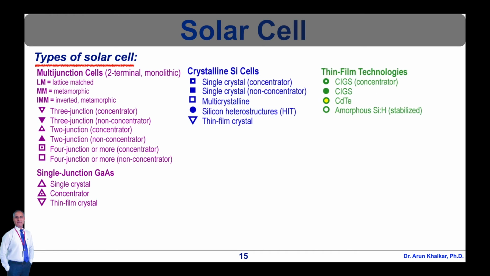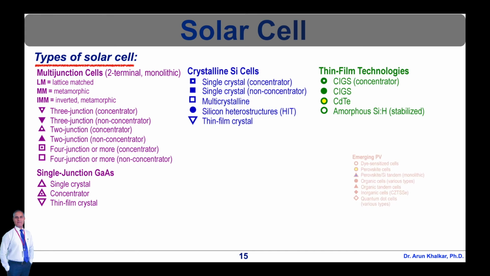The next type of solar cell is thin film solar cells. In thin film technologies, CIGS concentrated, CIGS, CdTe and amorphous silicon hydrogen stabilized are the types, where CIGS stands for copper, indium, gallium and selenium. Now in solar cells there is another area where emerging photovoltaic technology is still developing.